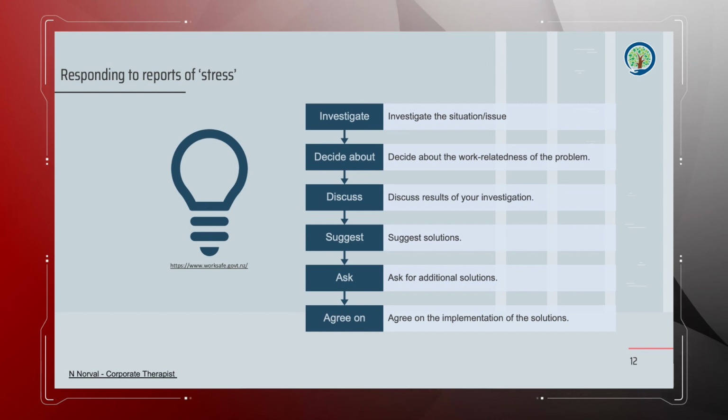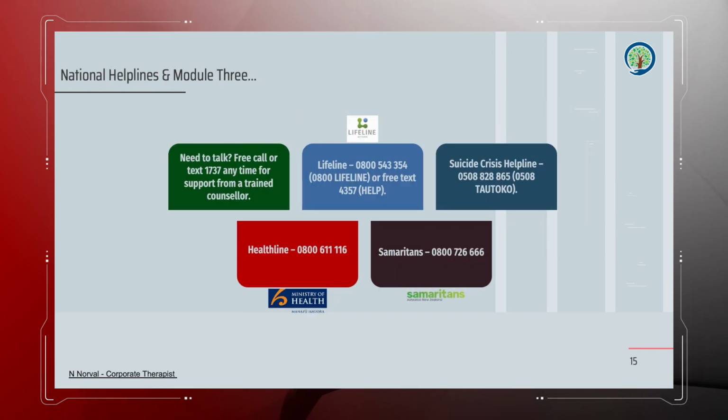Then make a decision about the work-relatedness of the problem that creates that stress. Then discuss the results of what your findings are. Then suggest solutions. Then go and get more solutions. And then you agree on implementing more solutions by asking other people, perhaps family members.